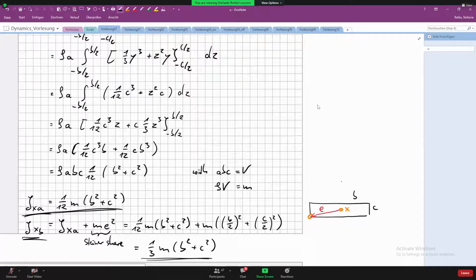I need a higher force to change the kind of motion of the system if my mass is further away from the axis of rotation. Then the mass moment of inertia increases, and this factor is considered in the Steiner share.